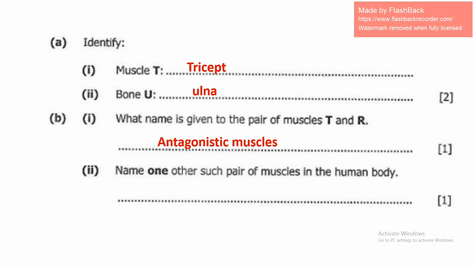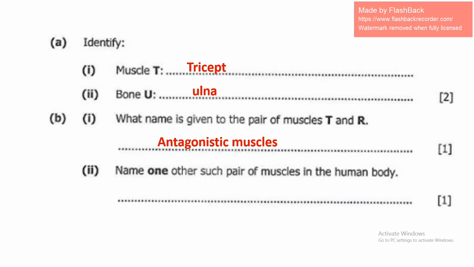There we have the longitudinal muscles and the circular muscles. The inner muscles are called circular muscles. The outside muscles of the esophagus are longitudinal muscles. Before the bolus, the circular muscle will contract so that the bolus is pushed in the direction of the stomach. So that is also another pair of antagonistic muscles: the circular muscle and the longitudinal muscle.